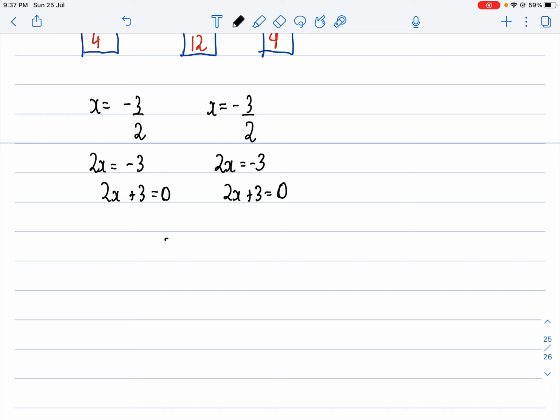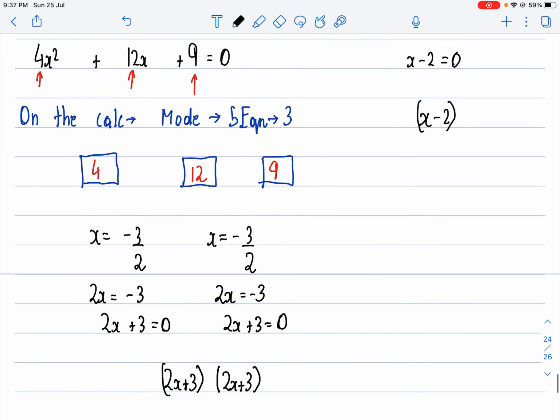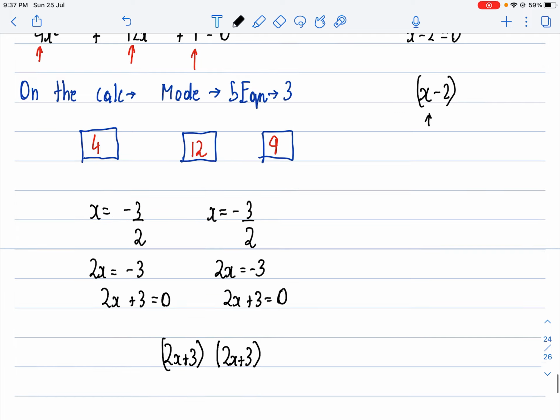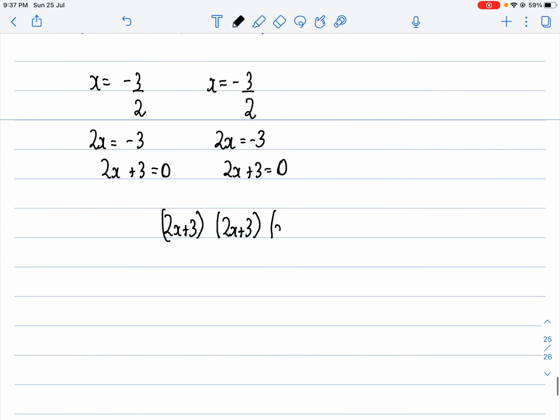Now you can simply write this as 2x plus 3 into 2x plus 3, correct? Multiplied by the x minus 2 which you have, which is a factor. So now, because both of these are the same, you can multiply this and write this as 2x plus 3 the whole square into x minus 2, which is basically your final answer.